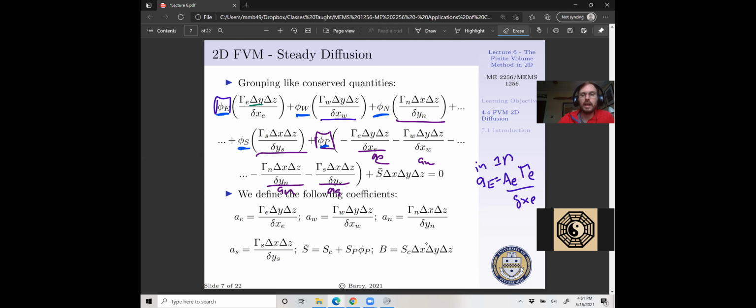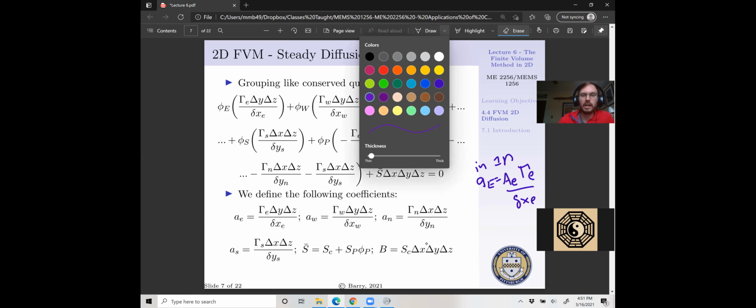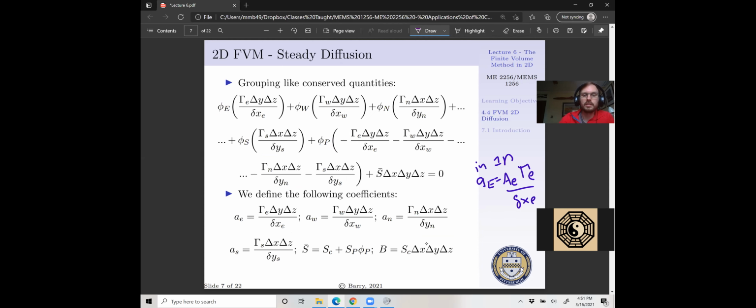Now, with all that fun stuff being said, we have something that we'll talk about a little later in class, not this class, probably next class, which is our volumetric heat generation rate. So we multiply this through by our differential volume.